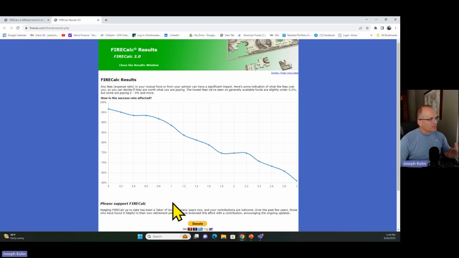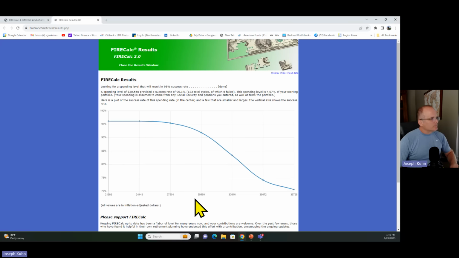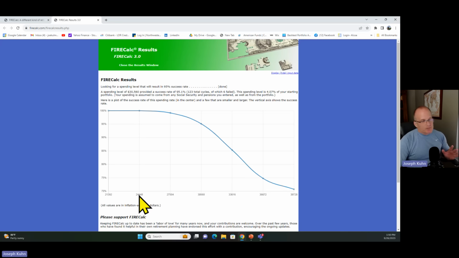You want to know how much you're paying in fees? There you go. Another cool feature, and this is what I started off with, is the spending level. It says, to have 100% confidence in my spending rate, I can spend not $30,000 a year, but $24,448. Then you say, I'm okay with 95% confidence.